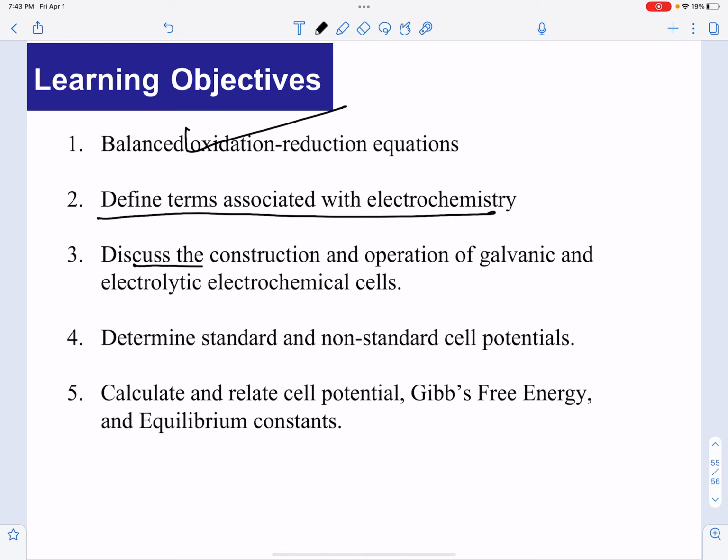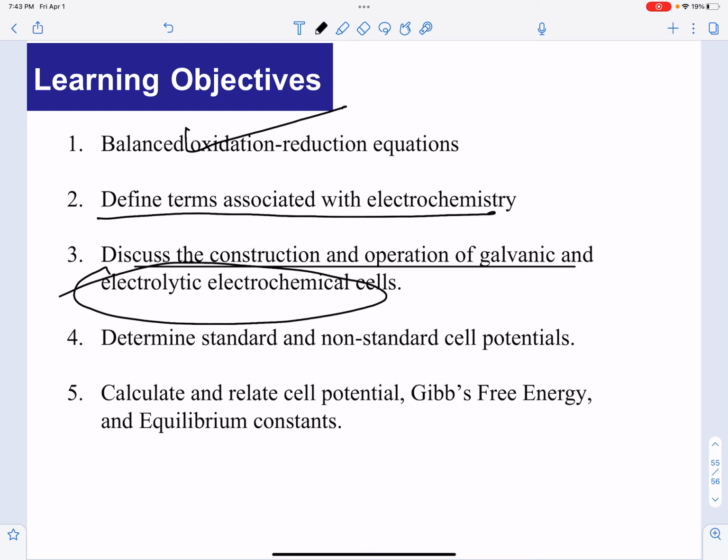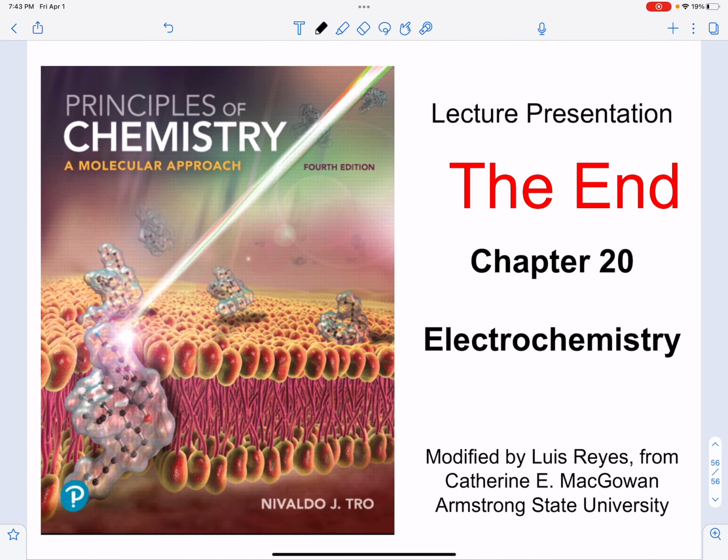We saw how we can build a galvanic cell. We said that we're going to study electrolytic cells later. We saw how to determine the cell potential first under standard conditions, just using the tables in the appendix. And now you saw how to use the Nernst equation to determine non-standard conditions. And then we learned how to relate all these thermodynamics to cell potential also. And that brings us to the end of the chapter.